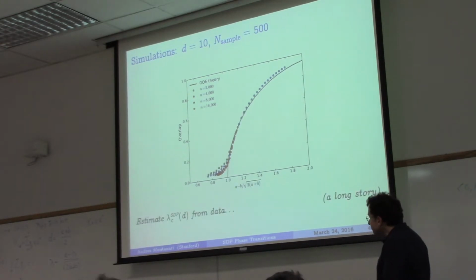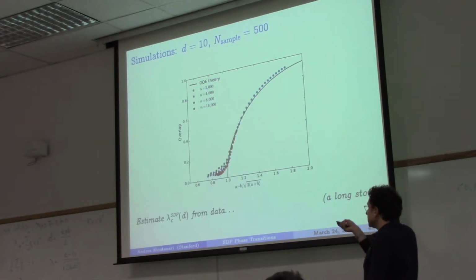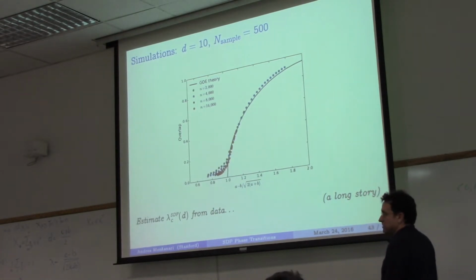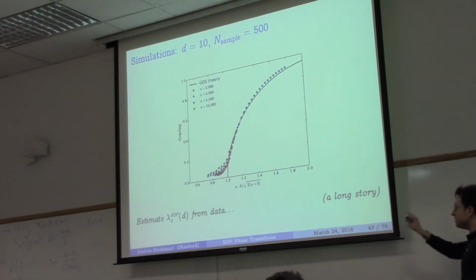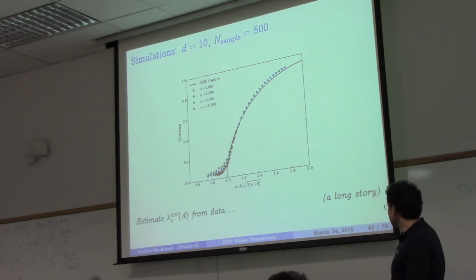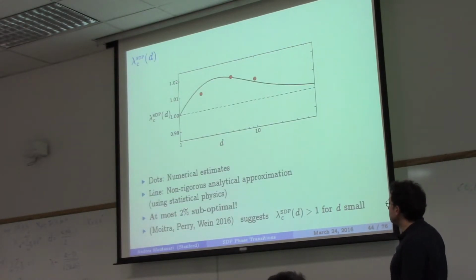Now you can try to estimate this phase transition from the data, just to see where it is. How we did it is a long story, interesting if you're interested in data analysis, and I can talk about it. But this is the final result. This is versus d, and the points are the numerical results.